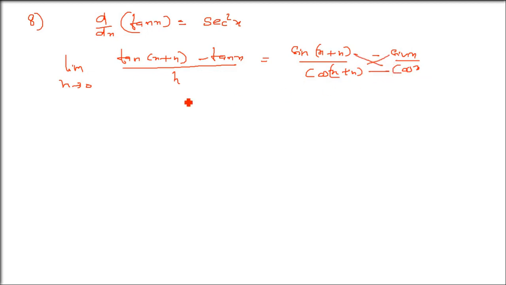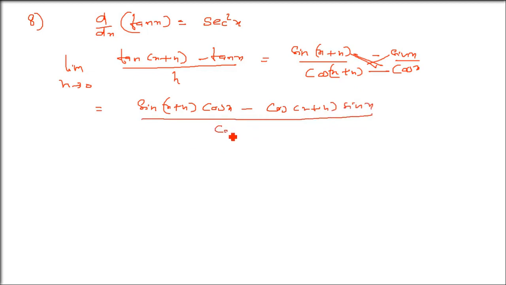So now just take the LCM. It will be sin(x plus h) multiplied by cos x, minus cos(x plus h) sin x, divided by h, which is already there, over cos x cos(x plus h). Now what is this? Sin a cos b minus cos a sin b, and we have seen that this is sin(a minus b).